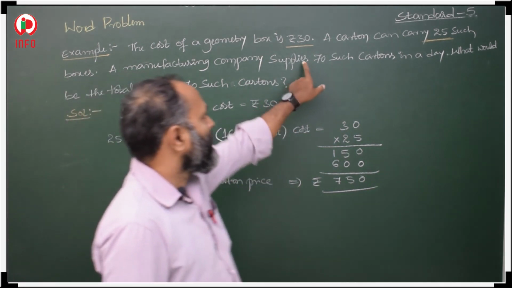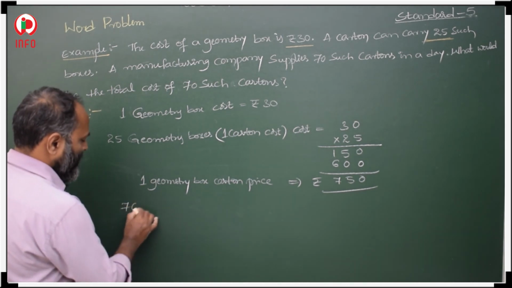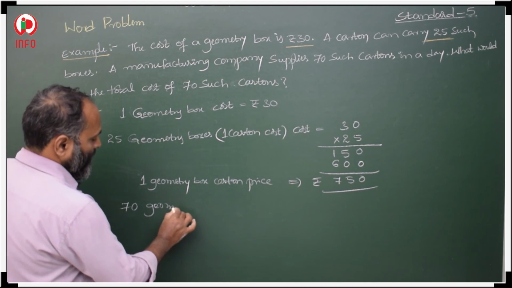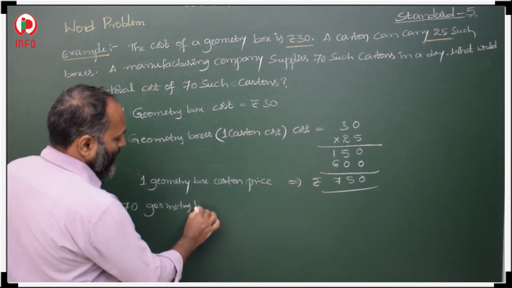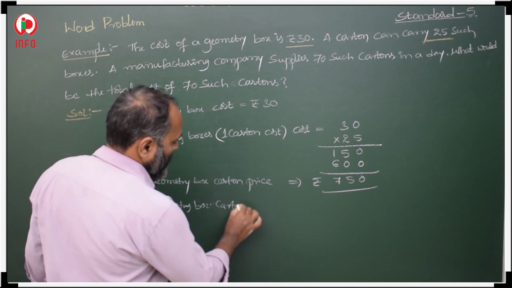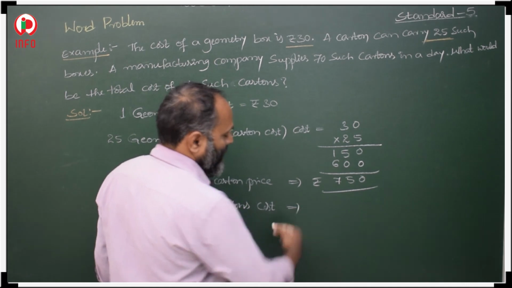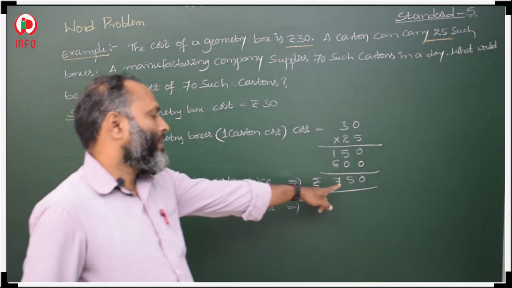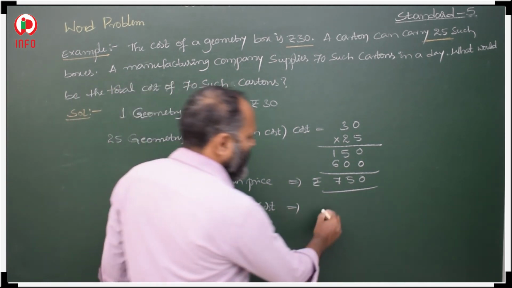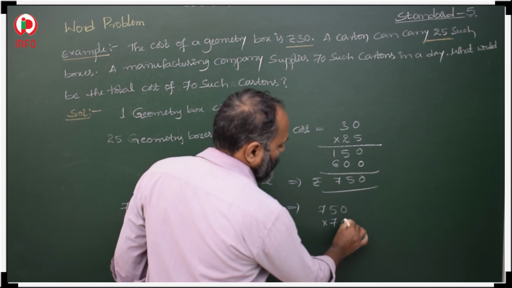Then how many? We need the cost of 70 cartons. So we have to multiply one carton price with 70: 750 with 70.